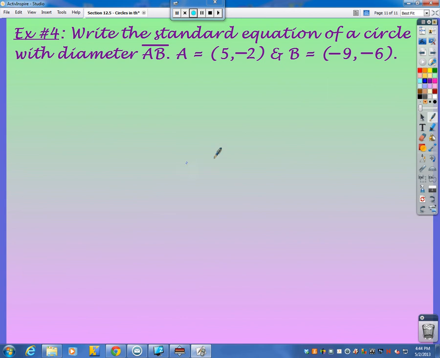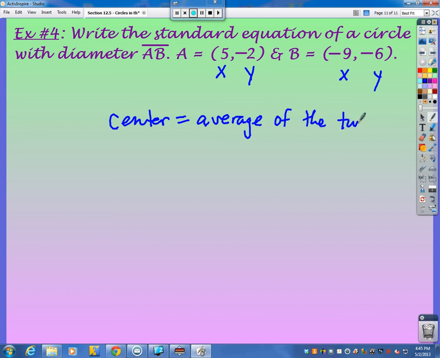So let's start with the center. Okay, so this is an x and a y, and this is an x and a y. So if I want to find the center, that is really the average of the two endpoints of the diameter. Okay, only the diameter.